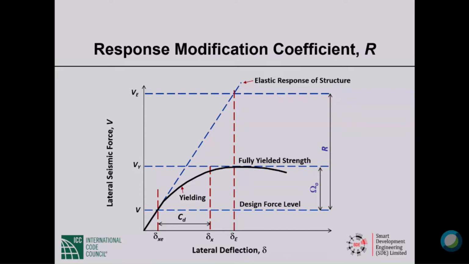Omega sub 0 is something totally different. Let us say the analysis that gave us delta sub xe at floor level x also gave us 100 foot kips of bending moment at the support section of a beam.